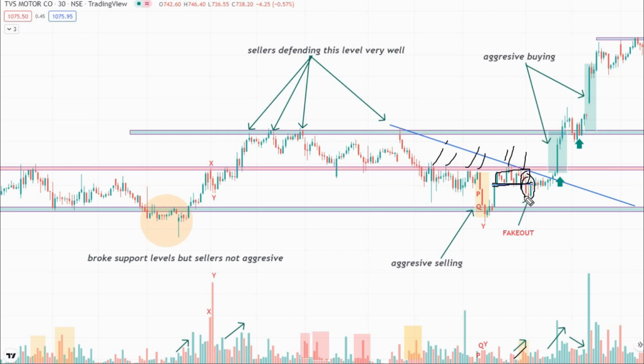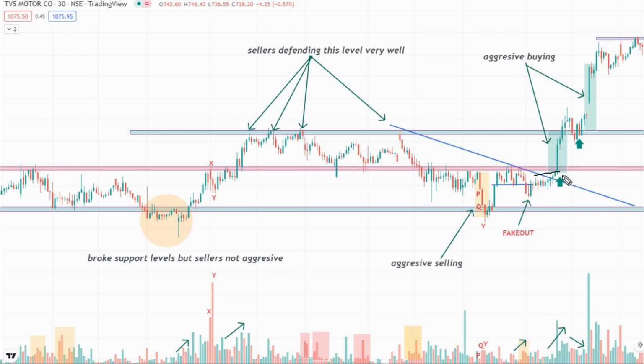So these two candles were indicating that prices should now go towards the downside after breaking this important support zone. But here we saw price and volume divergence, and again there is no follow through selling.